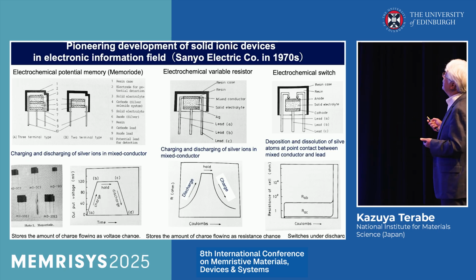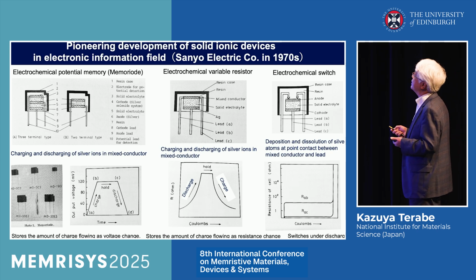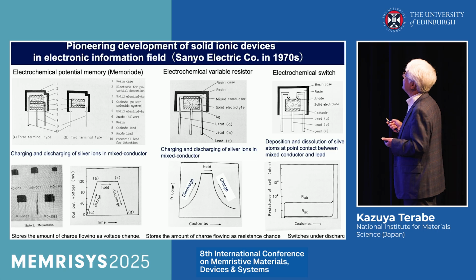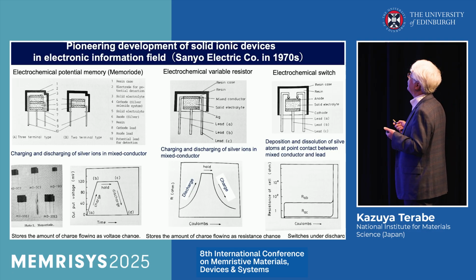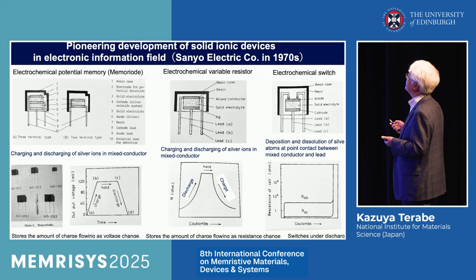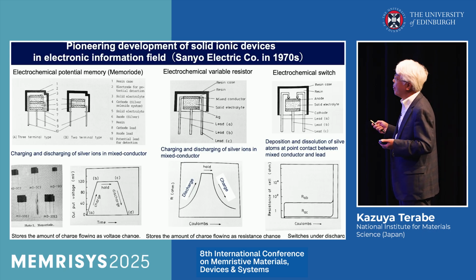This is the electrochemical switch. This is very similar to the variable resistor, but the lead wire is connected with the mixed conductor at a point of contact. This point of contact is controlled by applying voltage and current. Silver is inserted into this material, the conductivity increases, and the point of contact is completely formed.